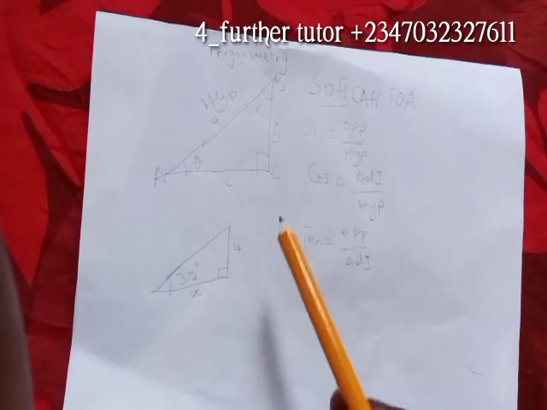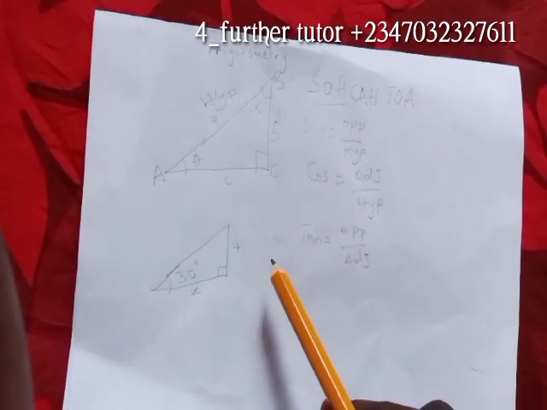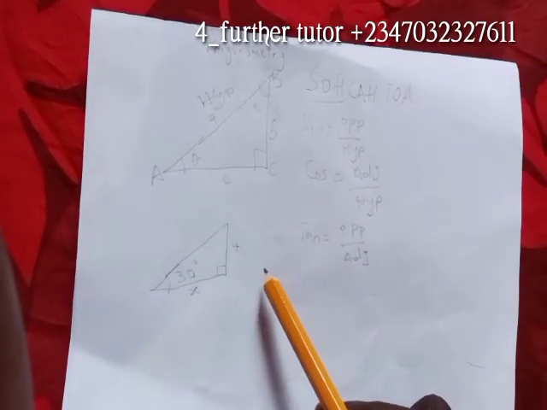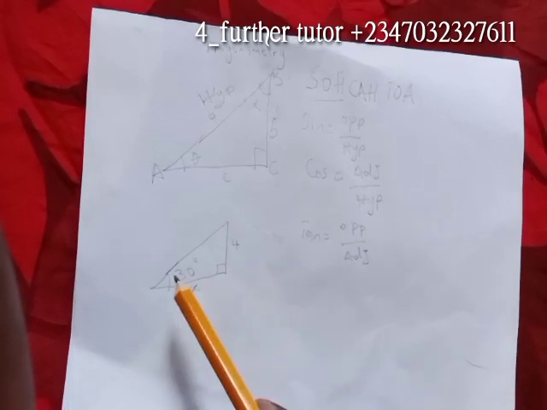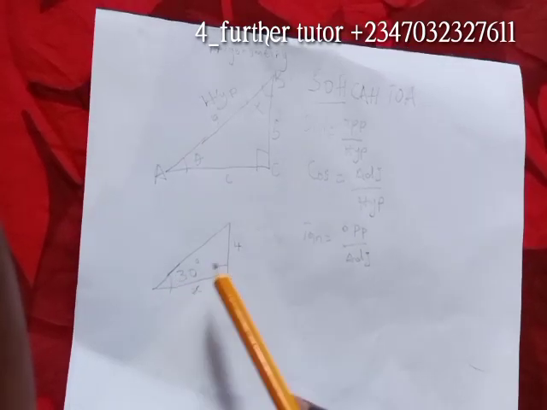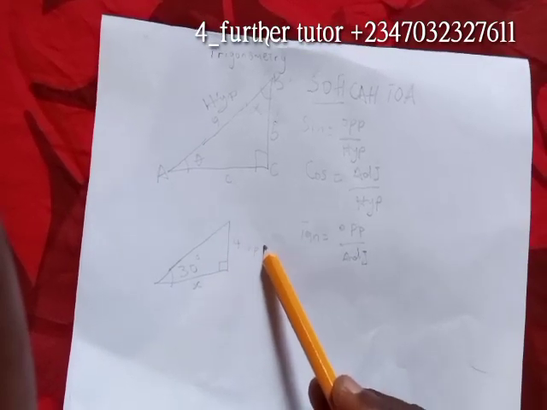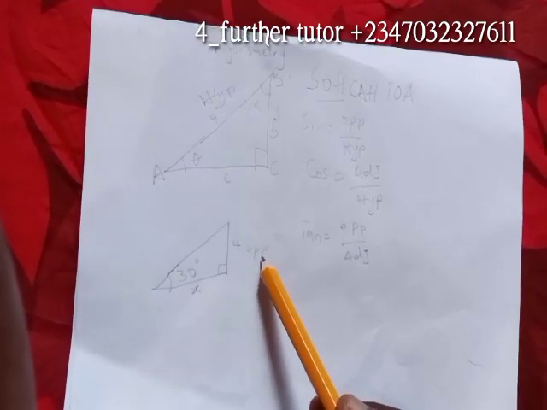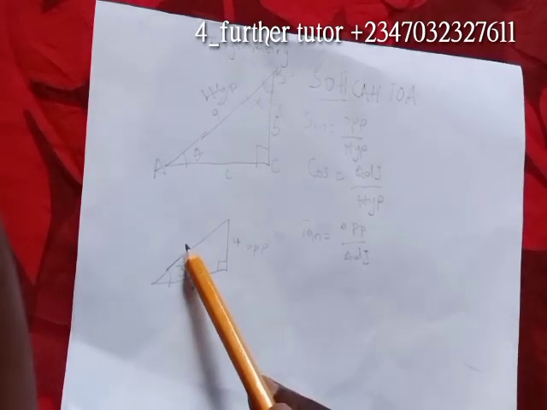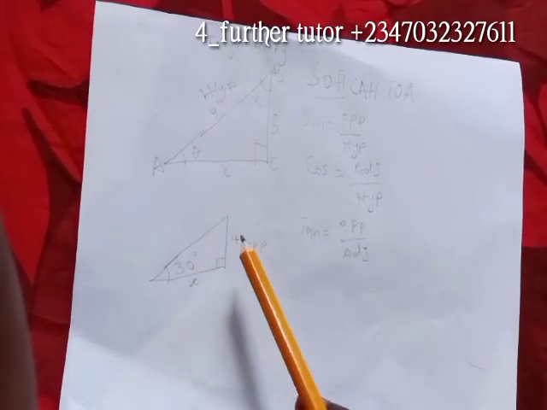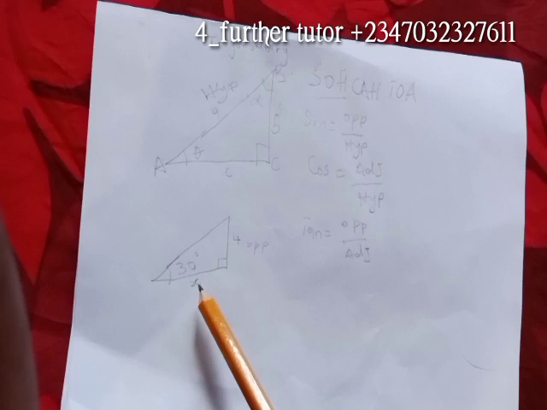So now you ask yourself, what am I given? For the fact that here is my angle, this place becomes my opposite. So I'm given the opposite, and I already know here is my hypotenuse, which means I was given opposite and adjacent.